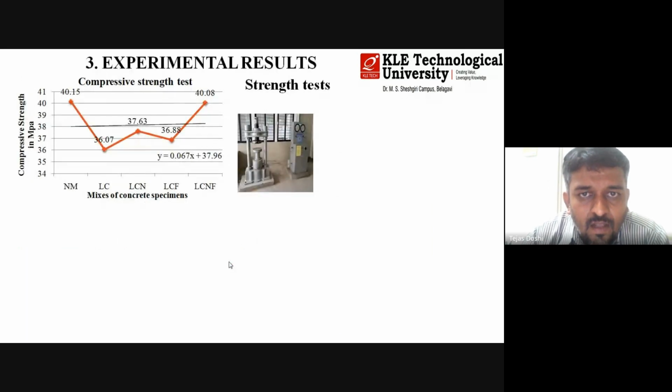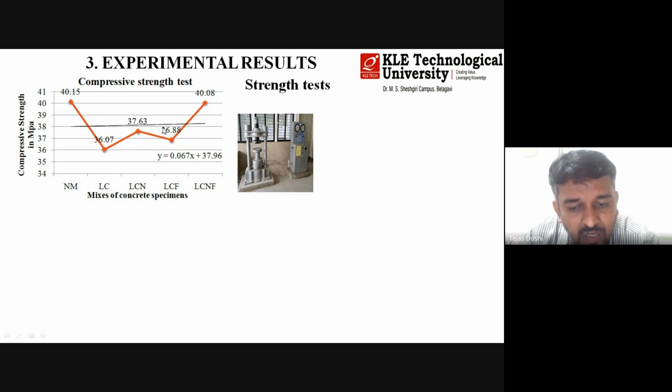Next, coming to the experimental results, first the strength test. Here, I am going to show you the results of the compressive strength. So this graph indicates the results of the compressive strength for different concrete specimens. Here, it is clear that the strength of the normal mix and the LCNF mix is higher compared to the other mixes.